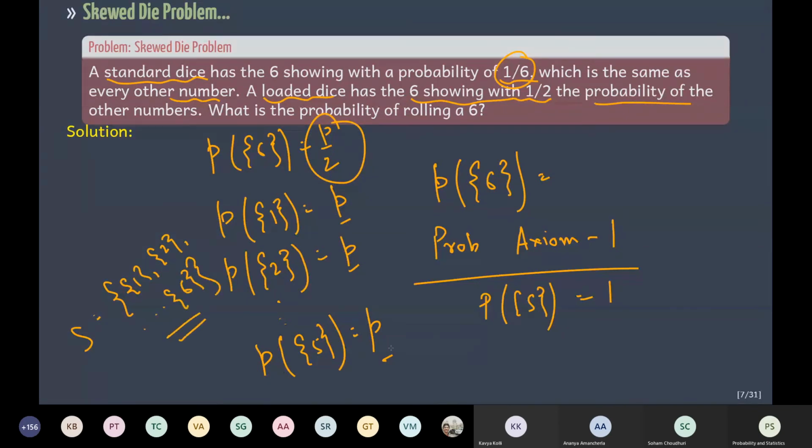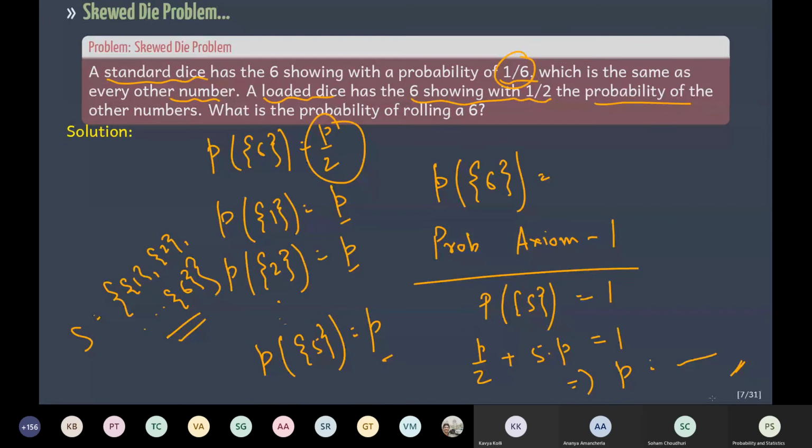These are all possible outcomes when I throw a die, and the probability of the sample space is 1. They are mutually exclusive, so the sum of the probabilities must equal 1. So this is P by 2 plus 5 times P equals 1. From here you can solve for P.